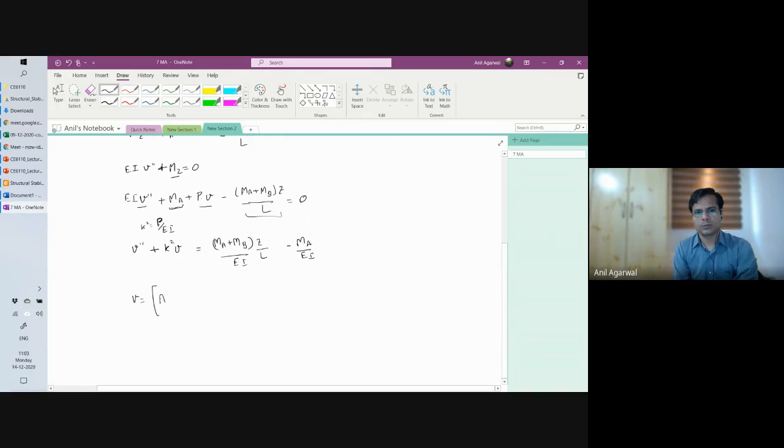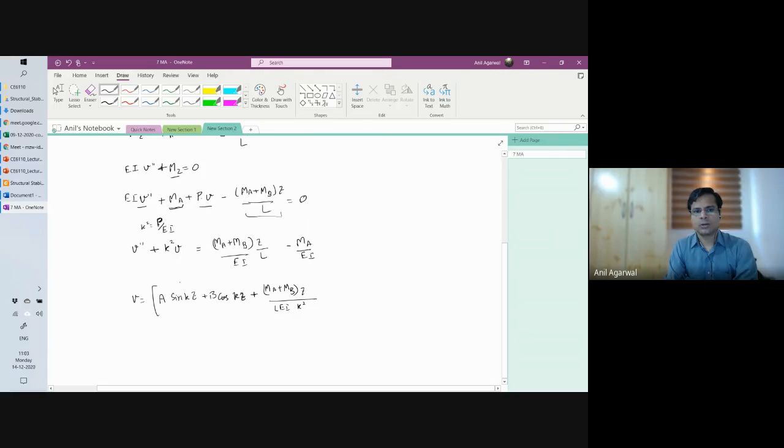V will be equal to A sine kz plus B cos kz, right, plus MA plus MB, Z, divided by L EI k square, right? It will satisfy the equation, right?